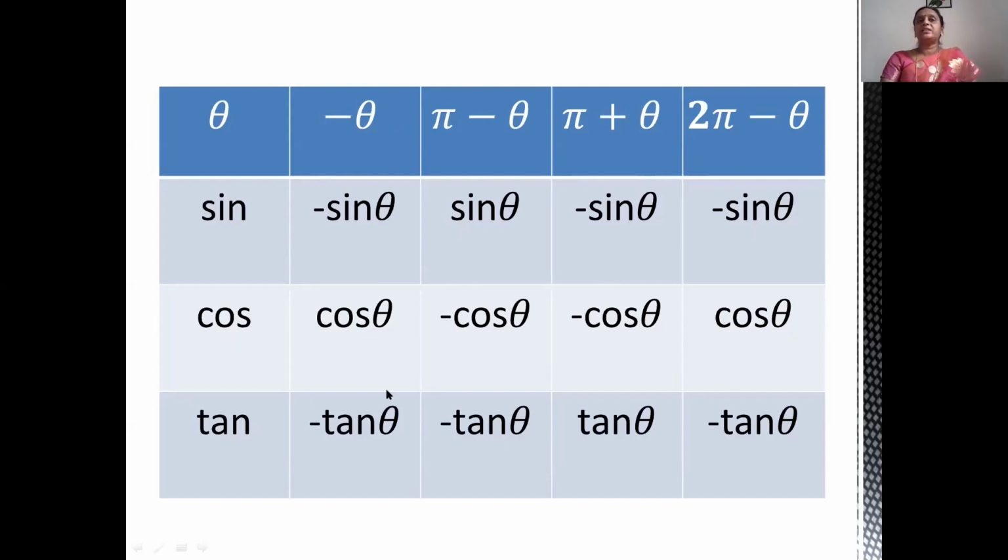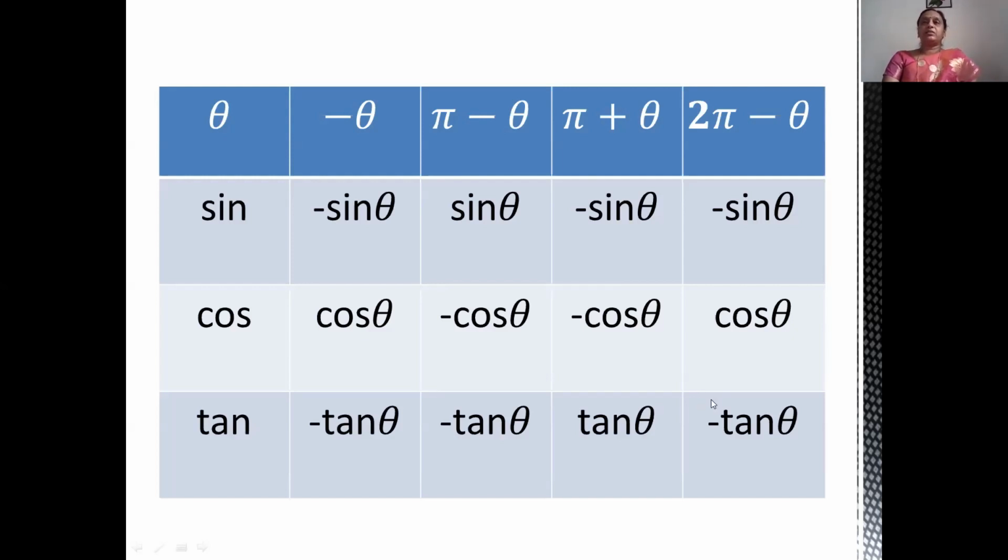Then tan minus theta is minus tan theta, tan pi minus theta is minus tan theta, tan pi plus theta is tan theta, and tan 2 pi minus theta is minus tan theta. Only these formulas are required in this chapter, so I have taken only these in the table. You have to remember this table.